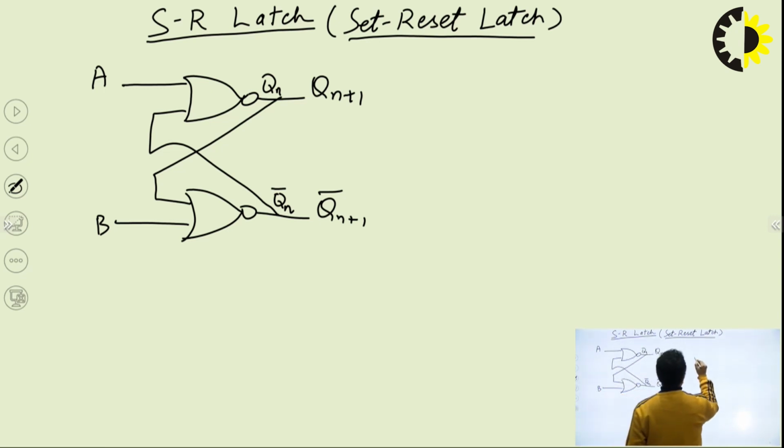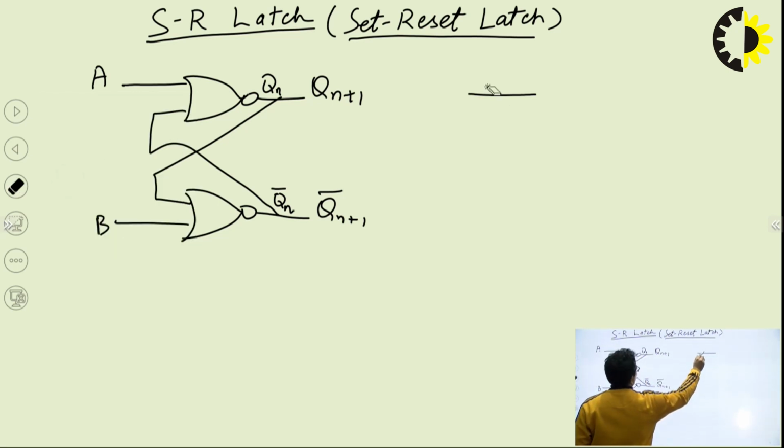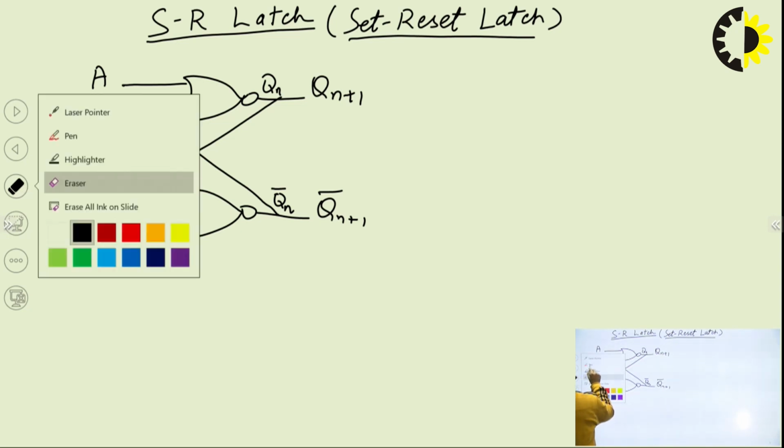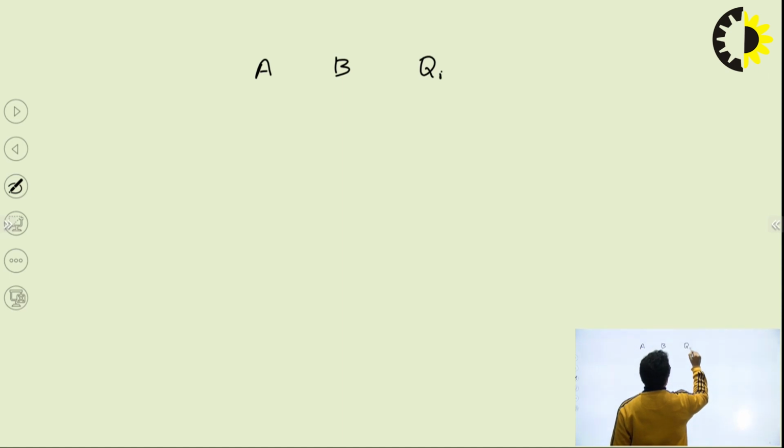I am just redrawing it again. So, we have two terminals A, B, and we have the output Qn plus 1.